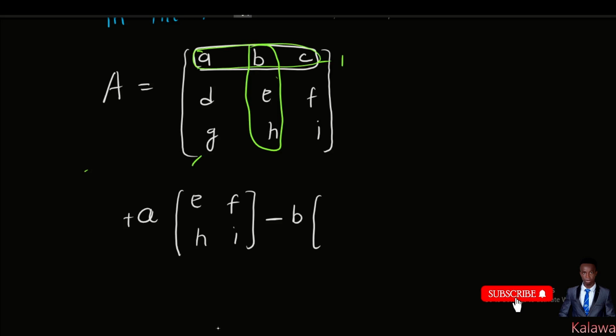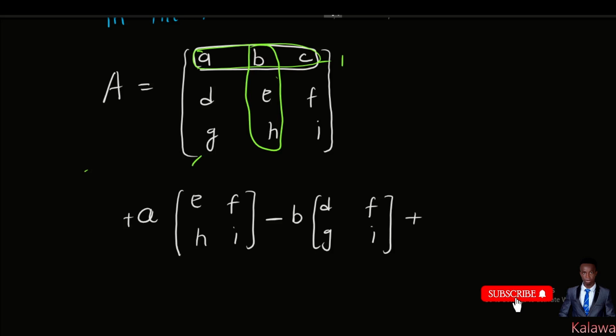So what is left is D, F, G, I. This is the minor for B. And we also follow the minor sign.